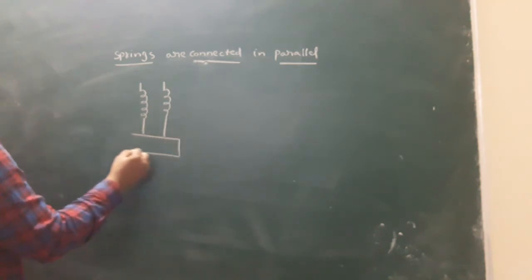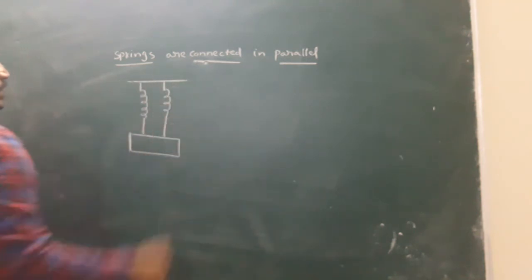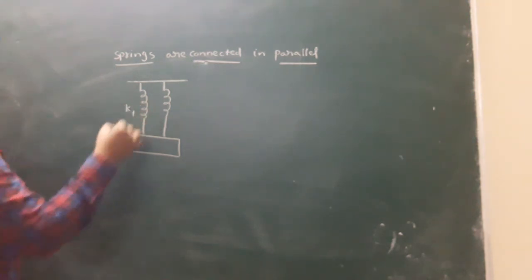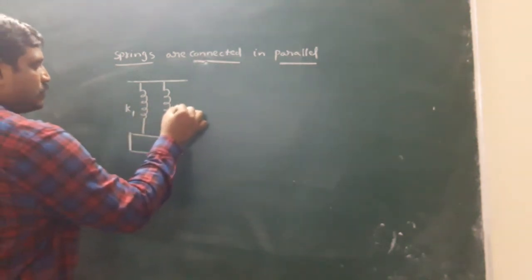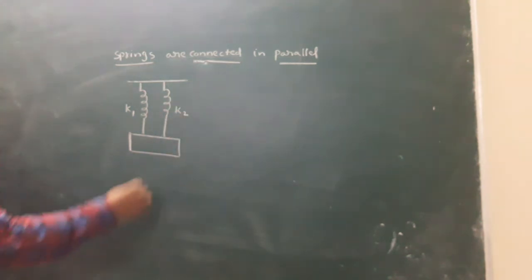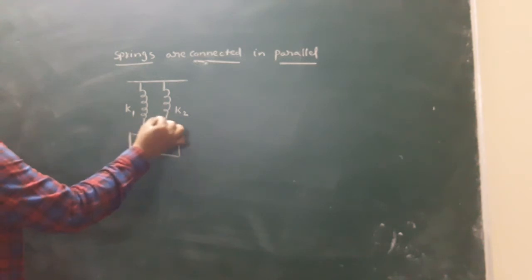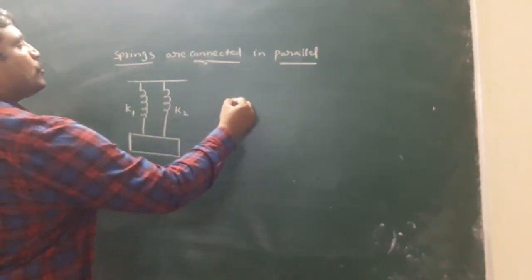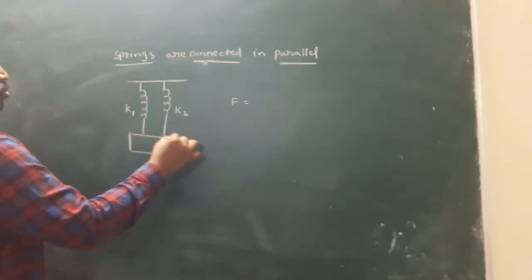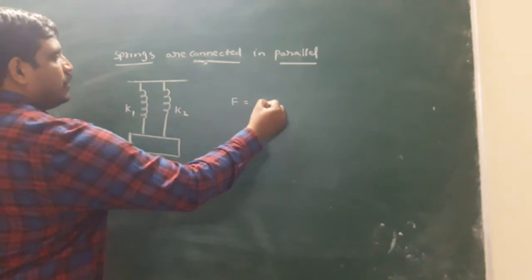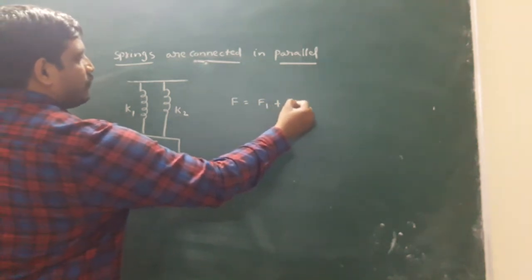These springs are connected in parallel. The first spring constant is K1, the second spring constant is K2. This is the parallel combination. In the parallel combination, the total load is divided into two parts, F1 plus F2.